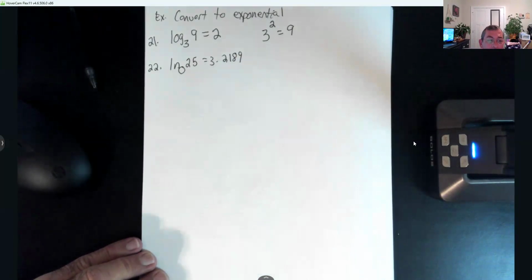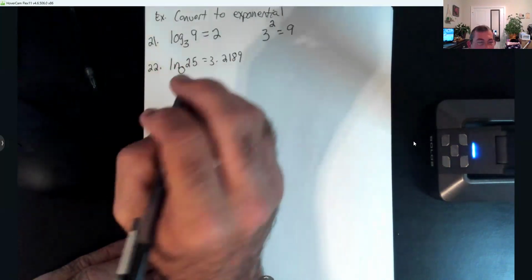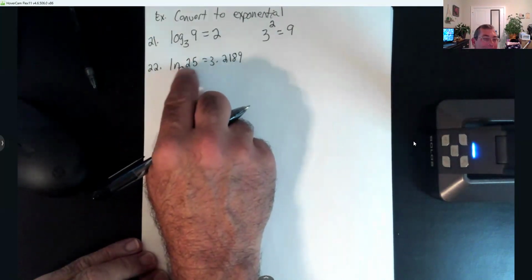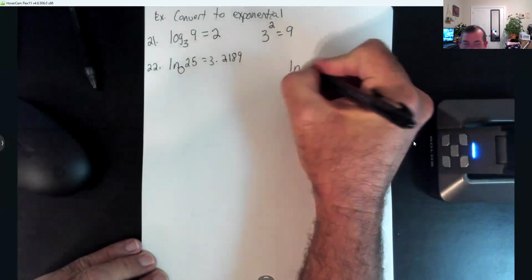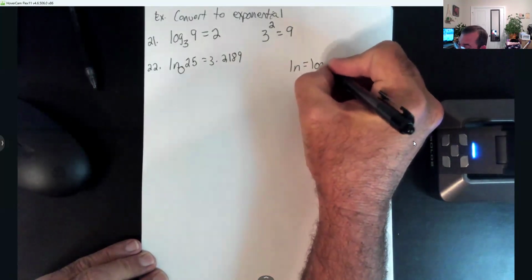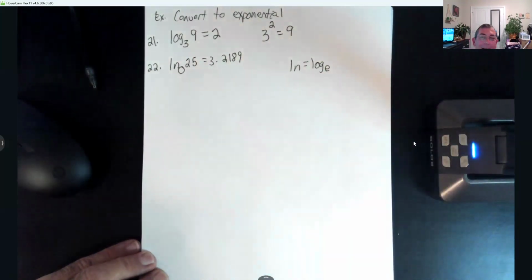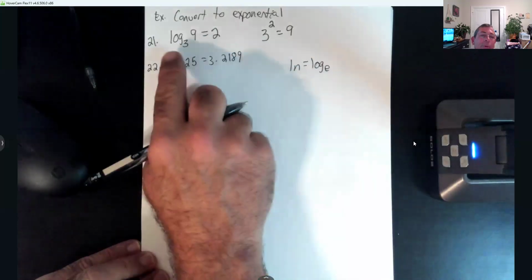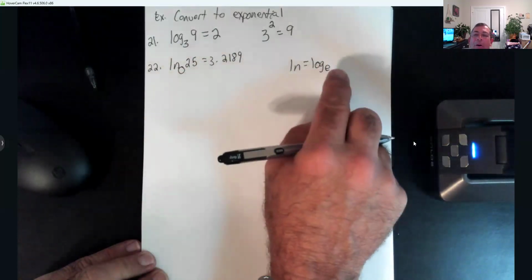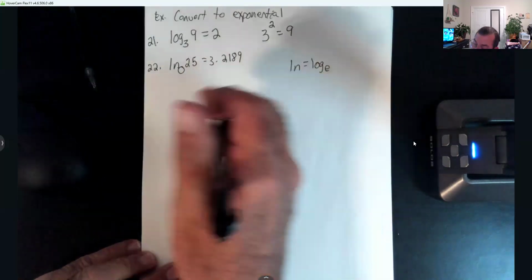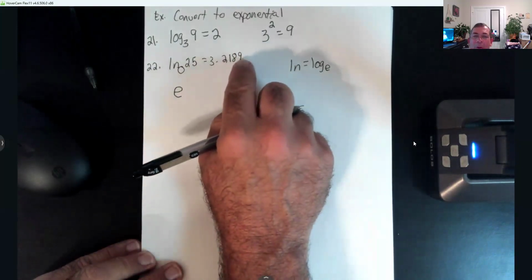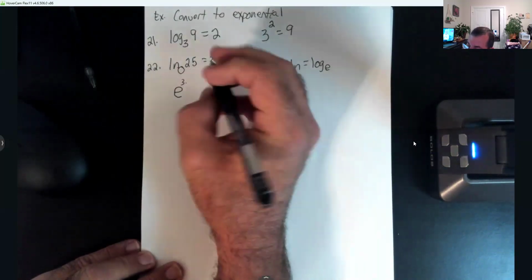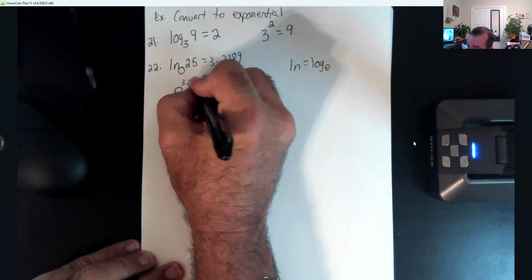If it's not shown on the LN, what did we say LN was? Oh, that'd be a log. So the log would have the 10 here. So y'all, let me refresh y'all. LN is a log base E. So when you see a LN, your base automatically becomes the E. So you would have a base of E. Exponent is the 3.2189.